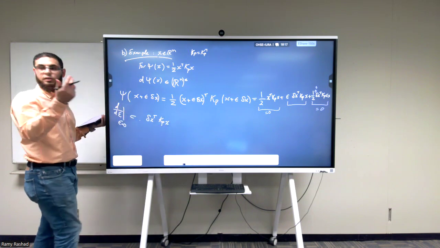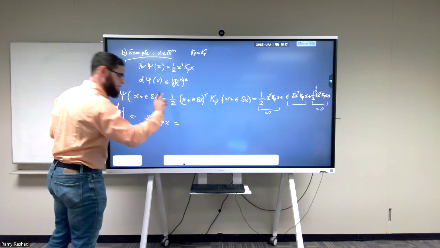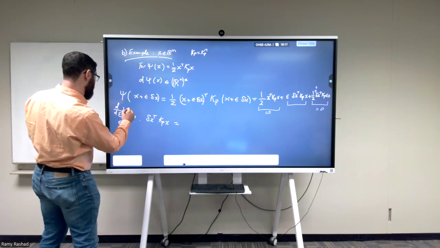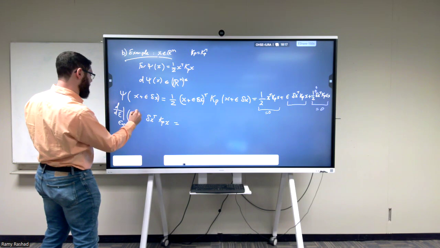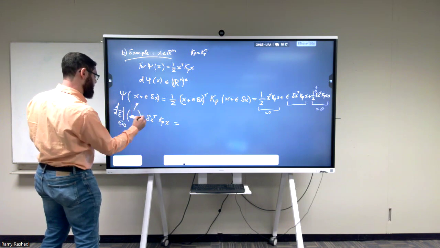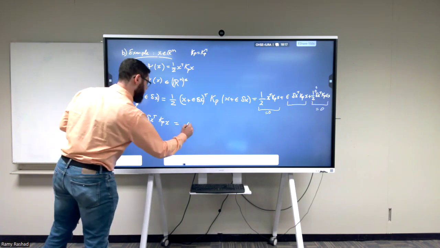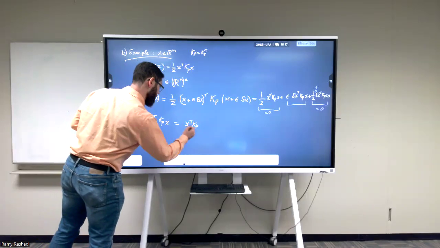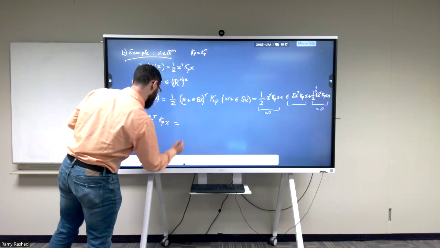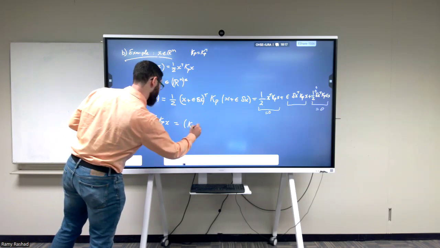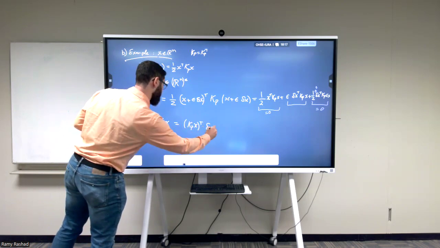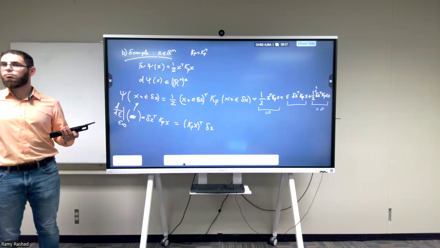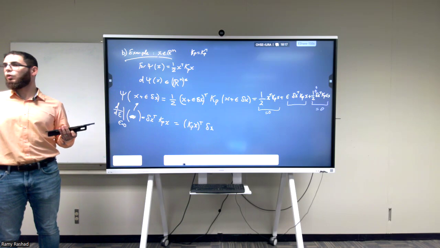Or, because it's a symmetric term, sorry, it's a scalar, I can rewrite it. This is the differentiation with respect to epsilon of this expression, and this is equivalent to, I can rewrite it also as kpx transpose delta x. So far, so good? I only did differentiation with respect to one variable, epsilon.